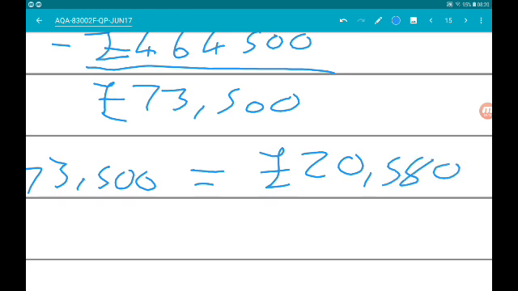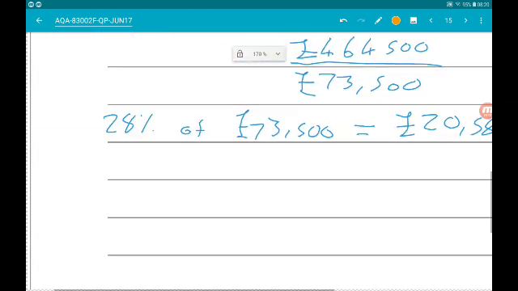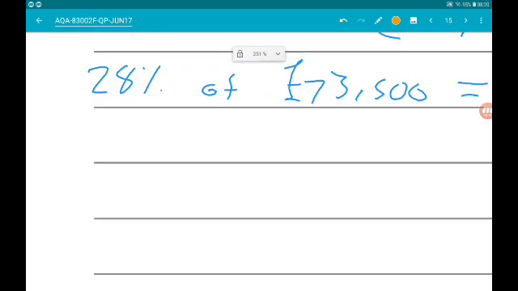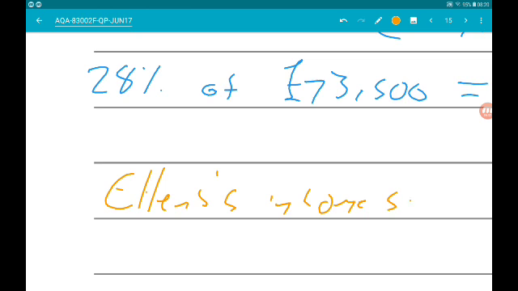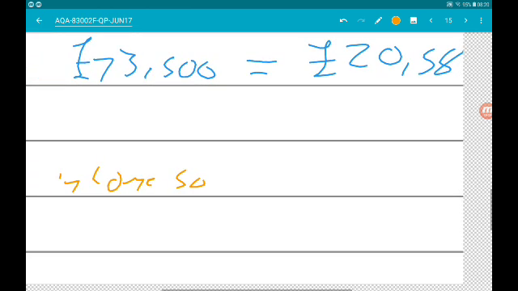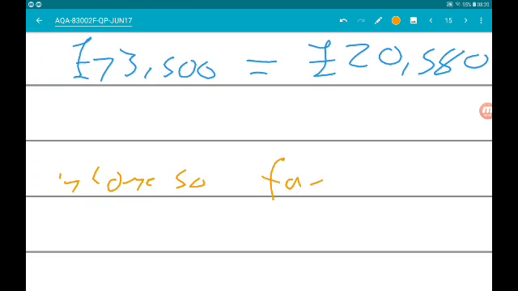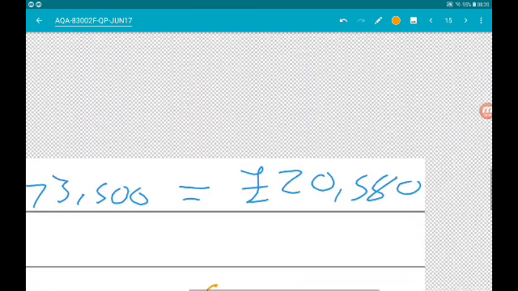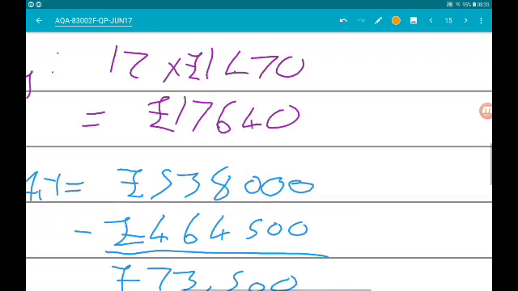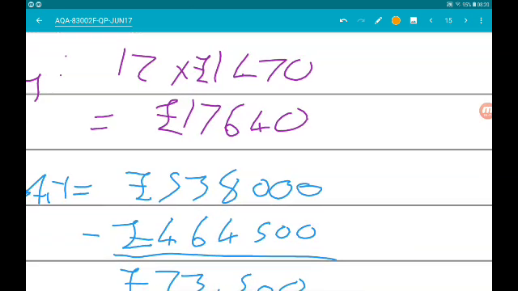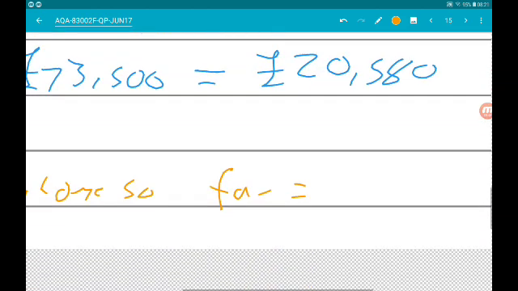Okay, so let's do a running total so far of Ellen's income. So Ellen's income so far is her base salary, so 17,640.